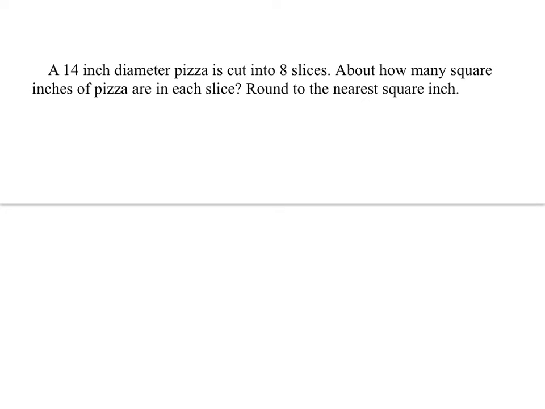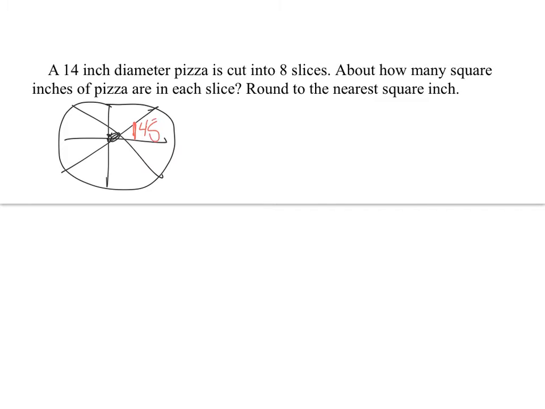A 14-inch diameter pizza is cut into 8 slices. First thing I would do, because I can be kind of a visual person, is draw out this pizza and actually cut it into 8 slices. There should be one point in the middle. I want to just figure out what this one piece of pizza is. First I have to figure out what that angle is. I have 360 for my whole circle, and there's 8 slices, so that angle right there is 45 degrees.